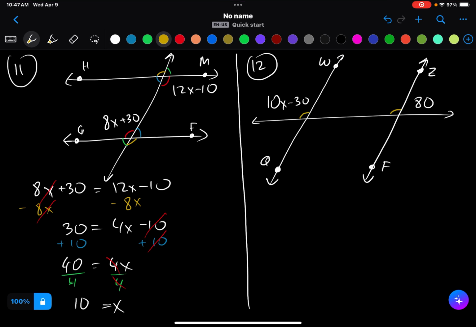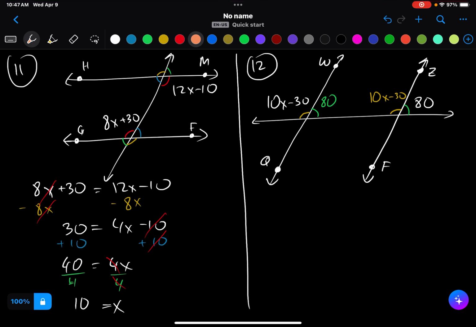So also these two angles are corresponding here. So if the 10x minus 30, that's the yellow on the left, this angle also has to be 10x minus 30. And if the green is 80 on the right, it's going to be 80 on the left because they're corresponding angles. So that's just given to you.